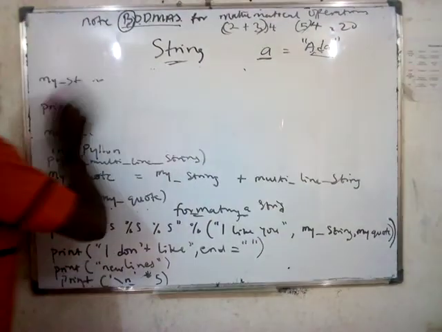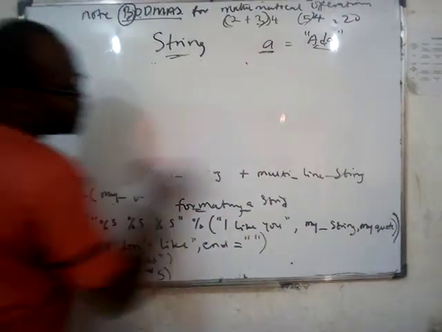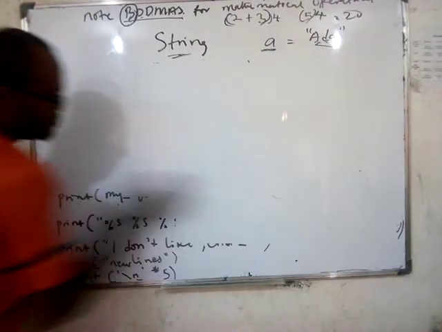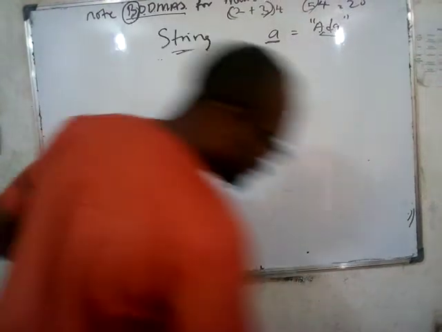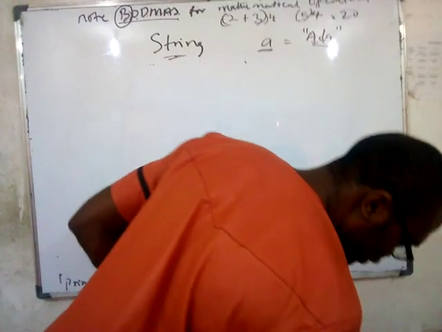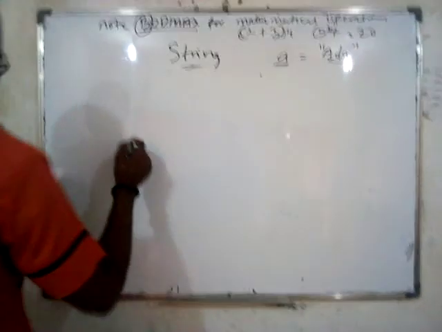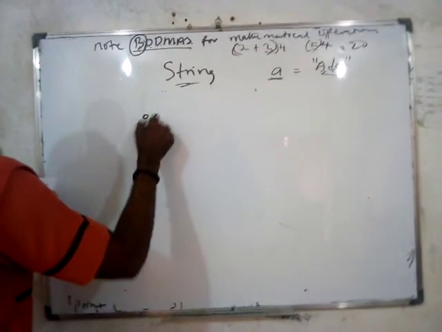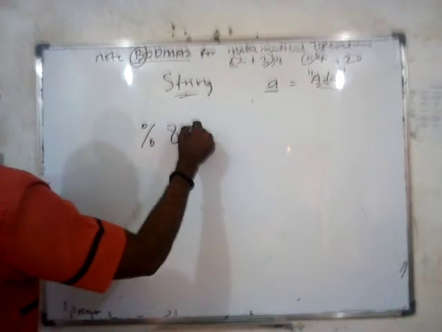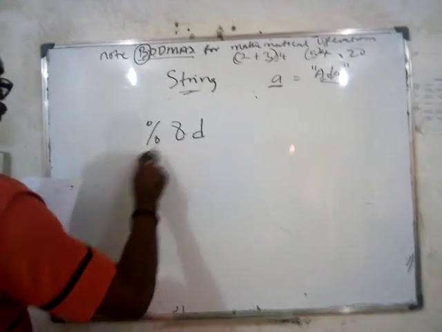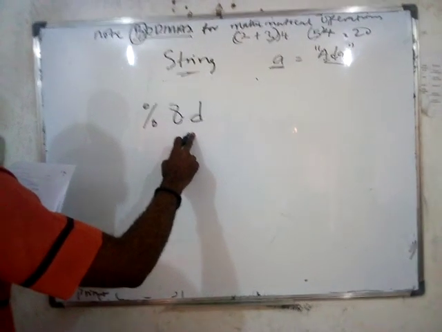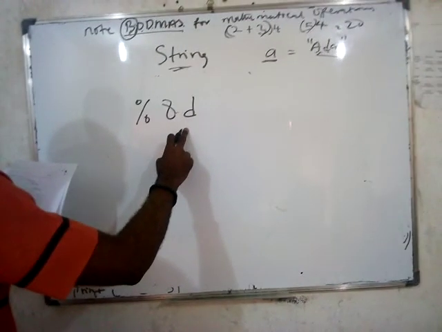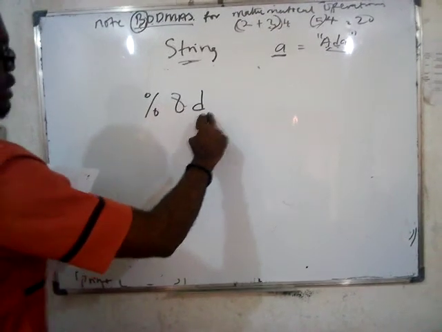Now, very, very importantly, there are other ways of formatting strings. You understand? There are other ways of formatting strings depending on the string that you are formatting. If you have something like this, the meaning is that it should justify to the right by 8 digits.